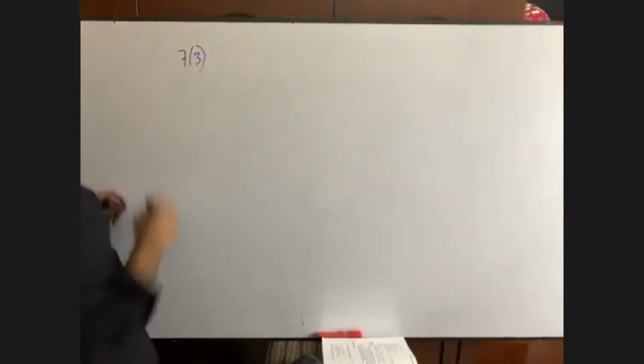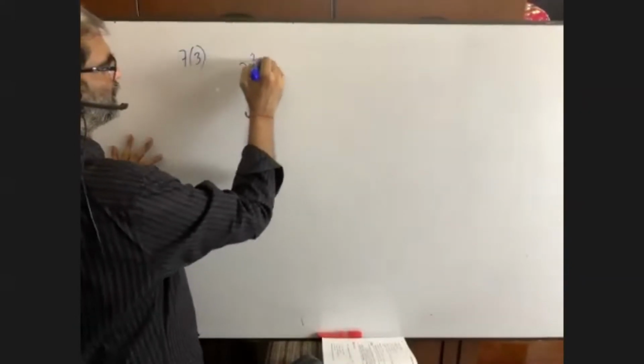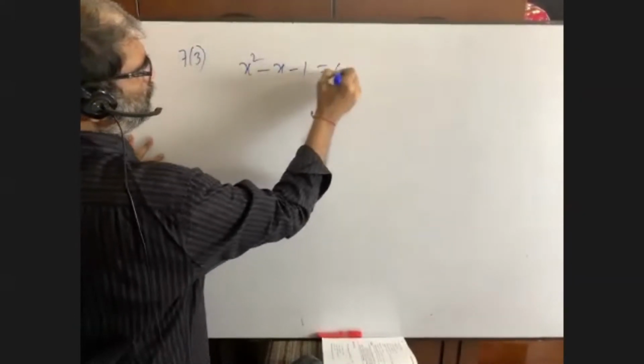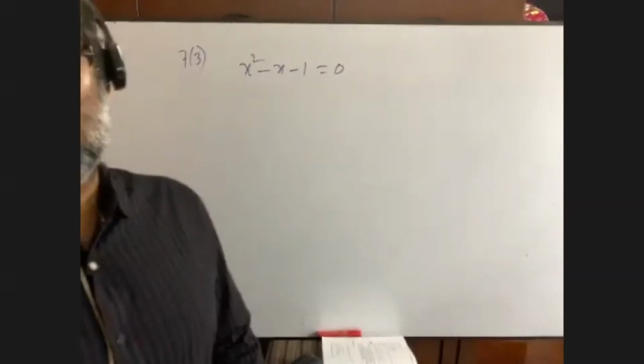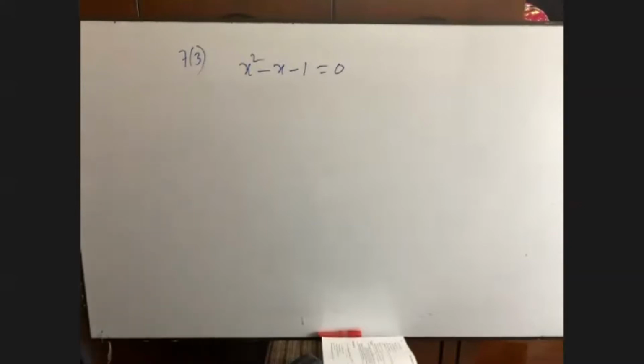Now you can see, suppose from the question number 7.3, we got the equation x square minus x minus 1 equals to 0. Solve it without using the formula. You cannot use the formula of quadratic equation.